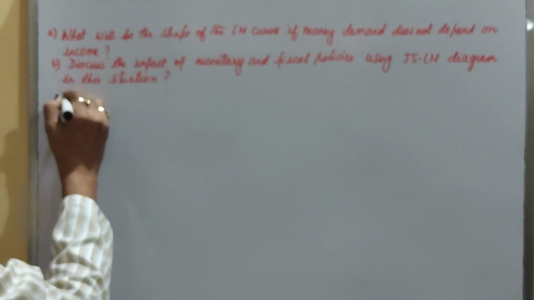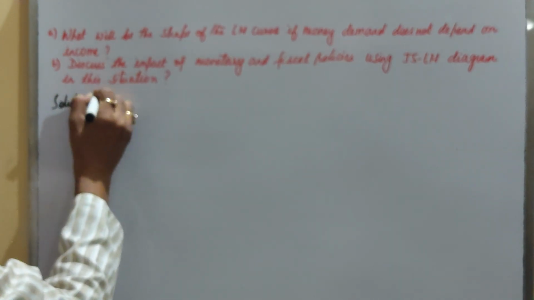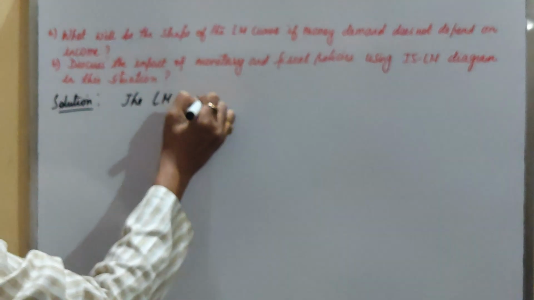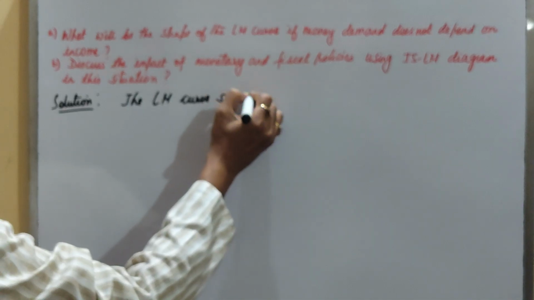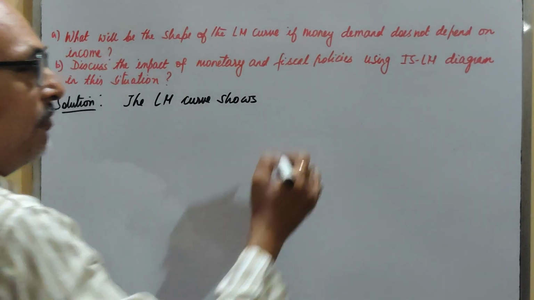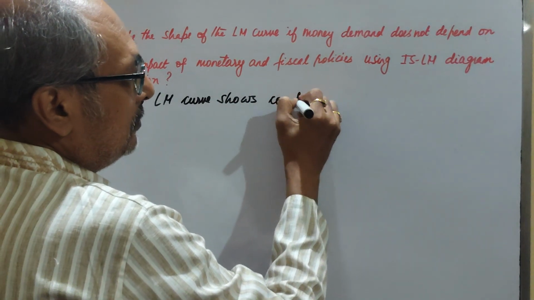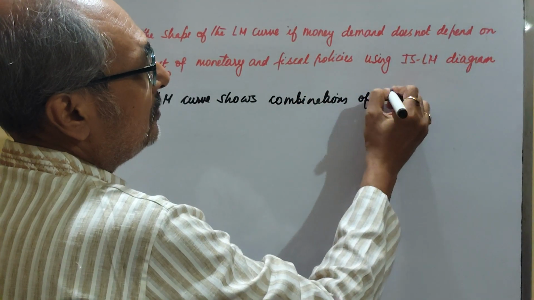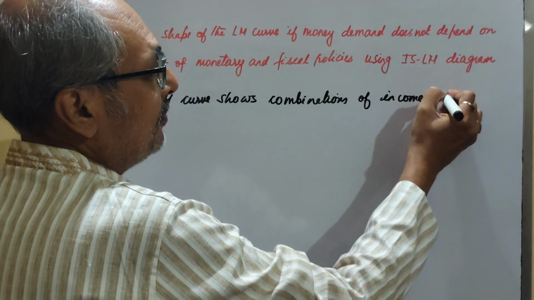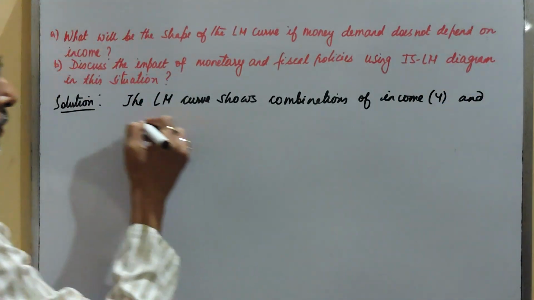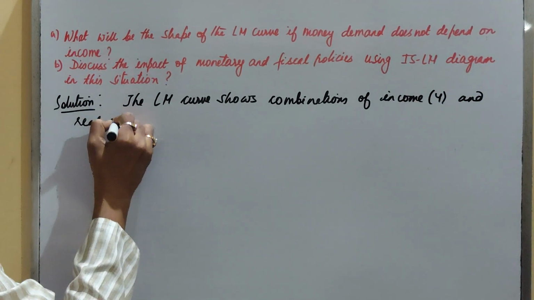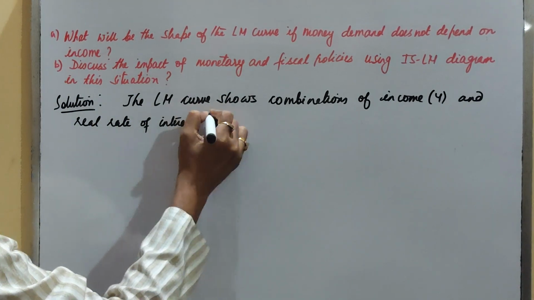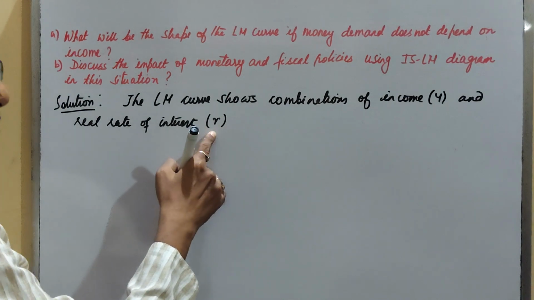The solution. What is the LM curve? The LM curve shows combinations of income, which is denoted by Y, and real rate of interest, which is denoted by R. R is expressed in percent.